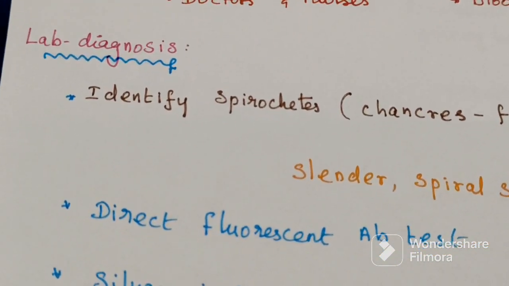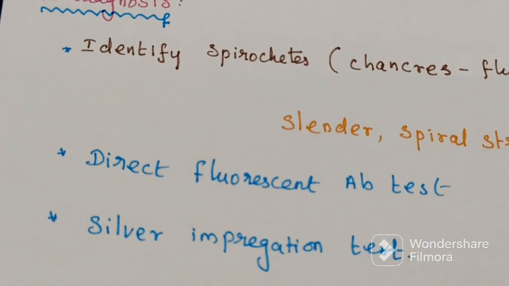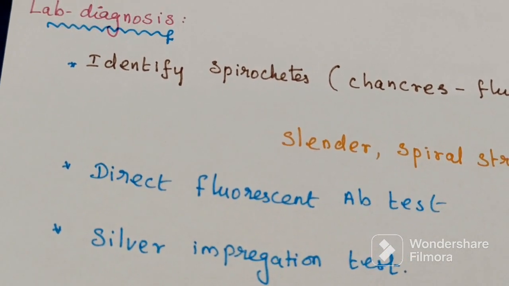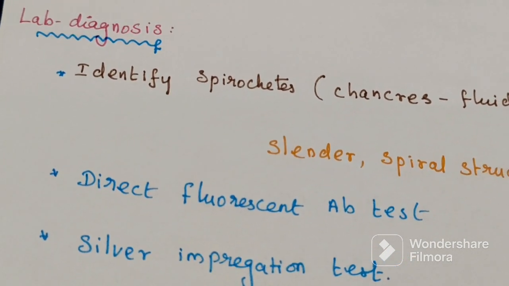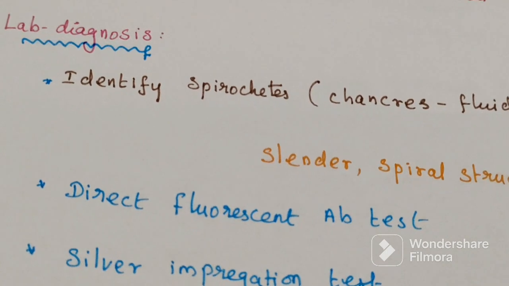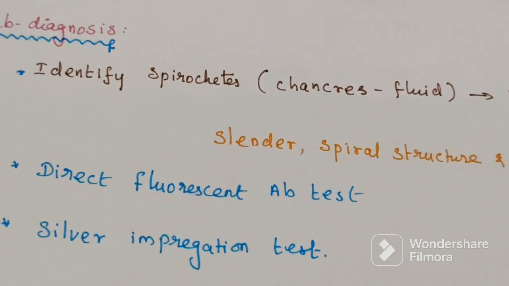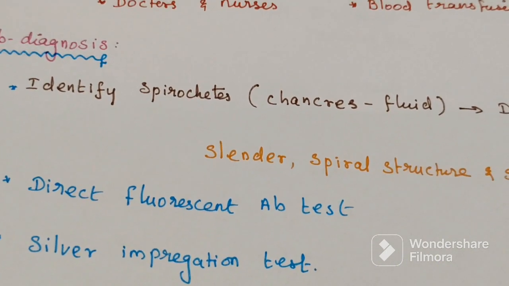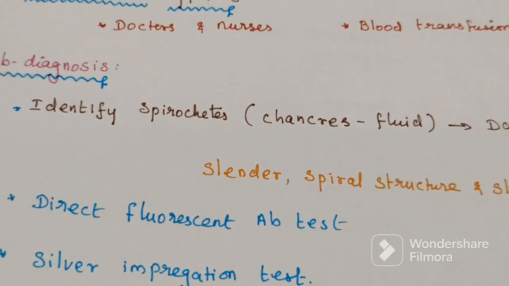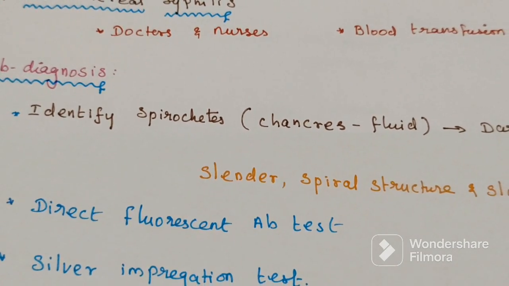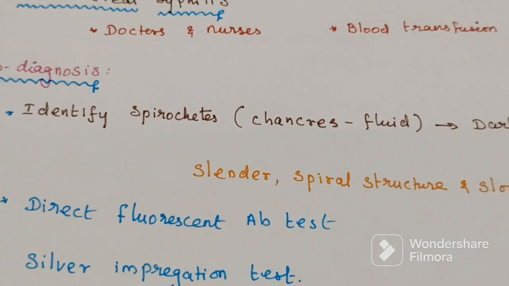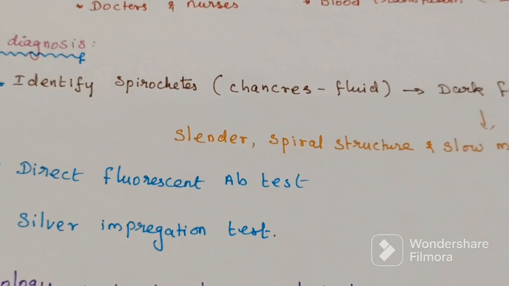Coming to laboratory diagnosis: the specimen is serum, and in the case of neurosyphilis, CSF is collected. Microscopic identification is used for diagnosis of primary and secondary stage and congenital syphilis with superficial lesions.